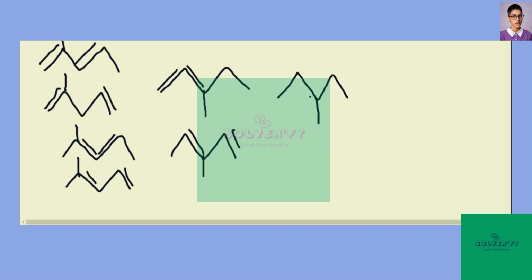We can also add a double bond here, but then we can't put another double bond in the center, so we can put one on the outside of the chain. And our final skeleton, we can put both of our double bonds on the outside of the chain.